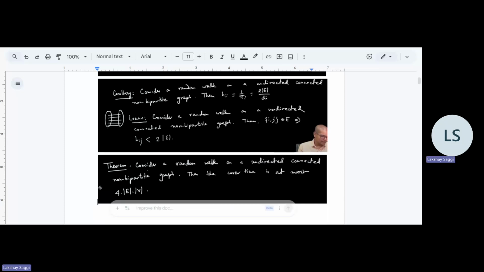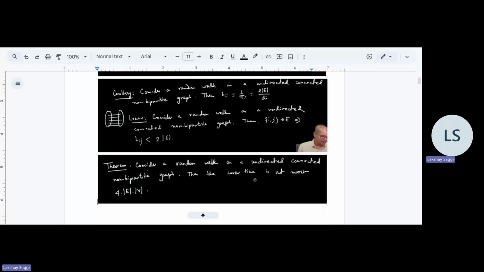Again, this is a random walk, so the cover time for a certain walk will be a random variable, and its expectation is at most 4 times the number of edges times the number of vertices. This proof was also not too difficult once the lemma is known.